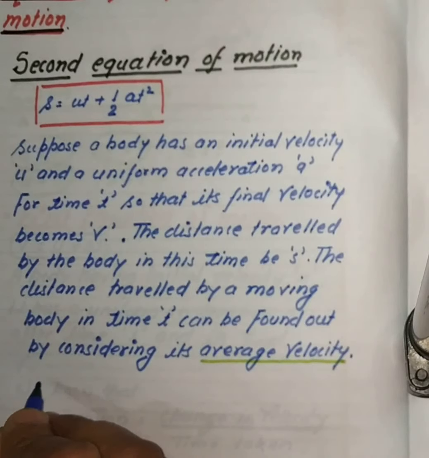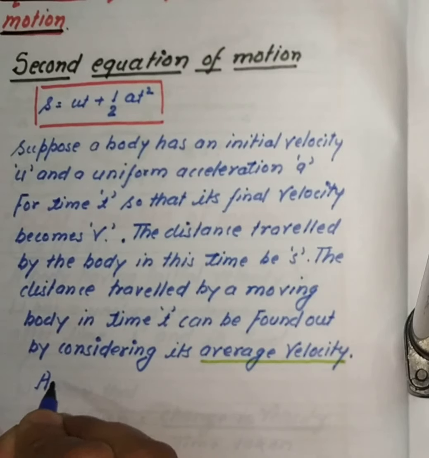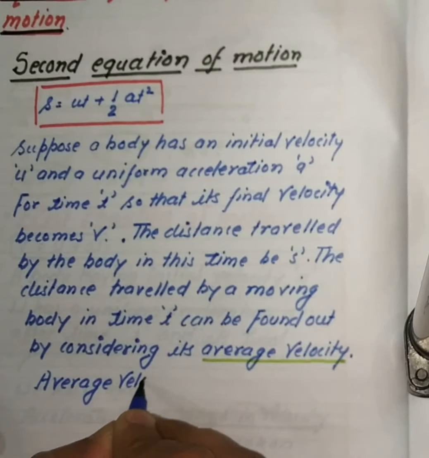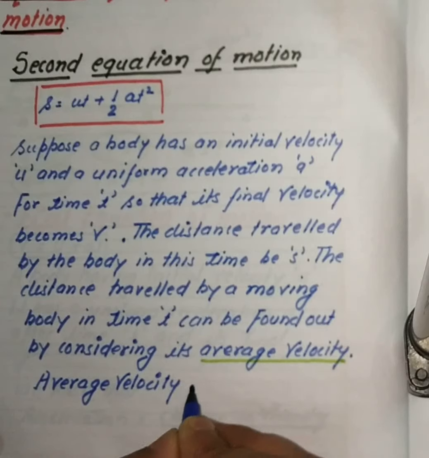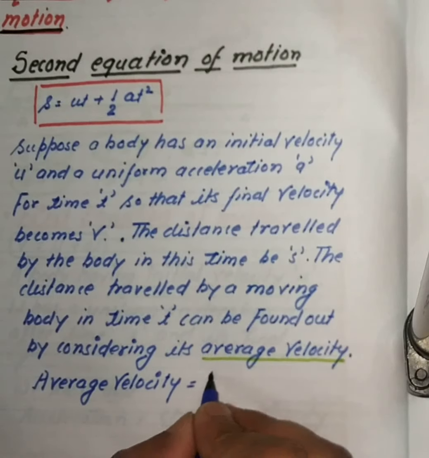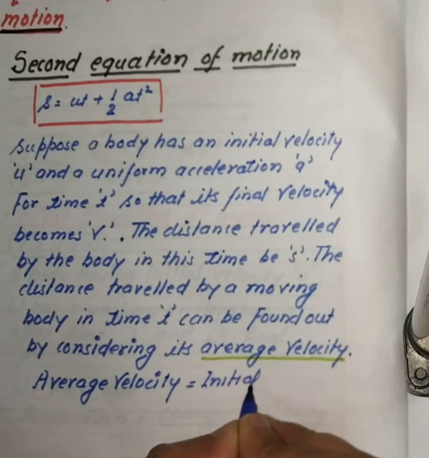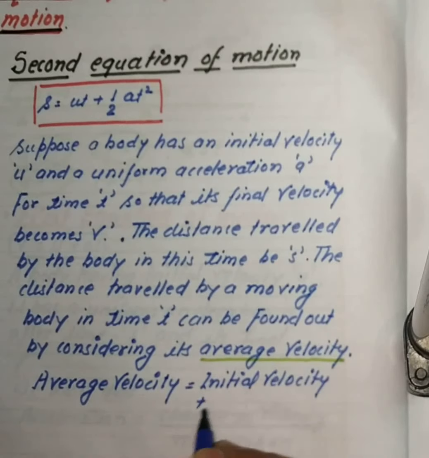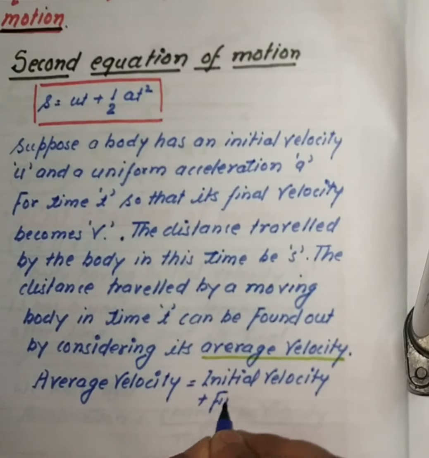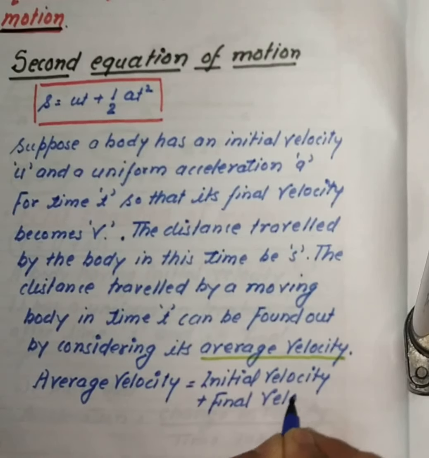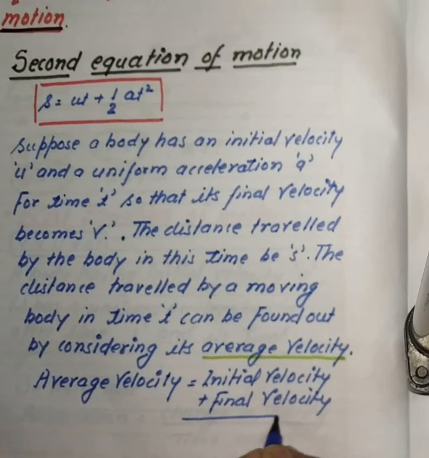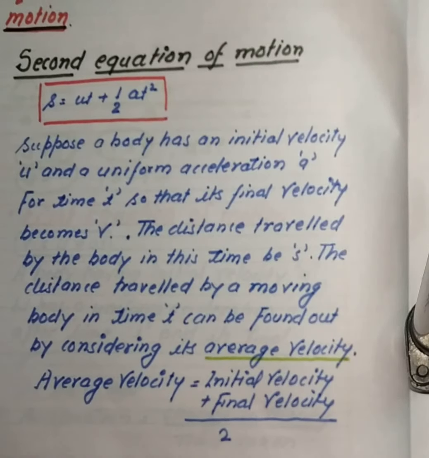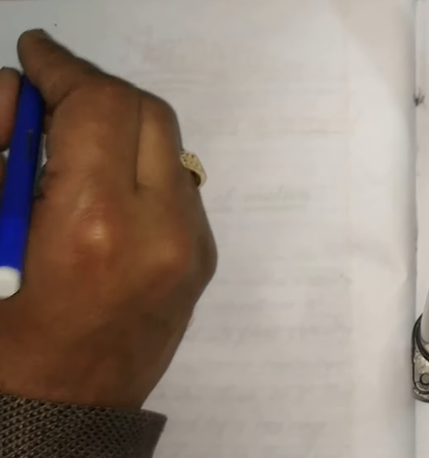Average velocity equals initial velocity added with final velocity upon 2.